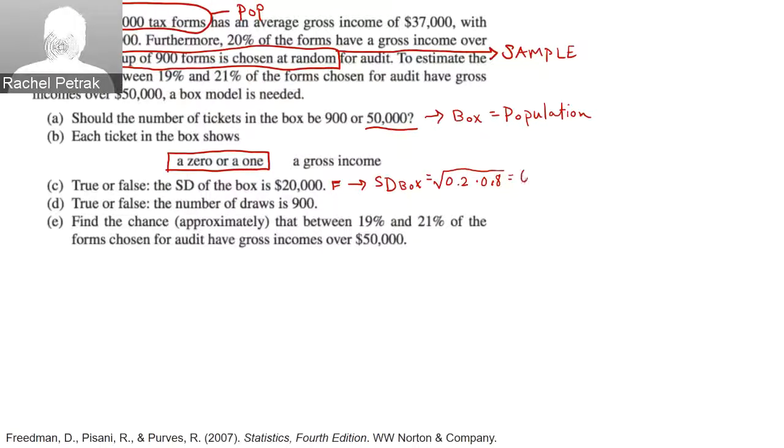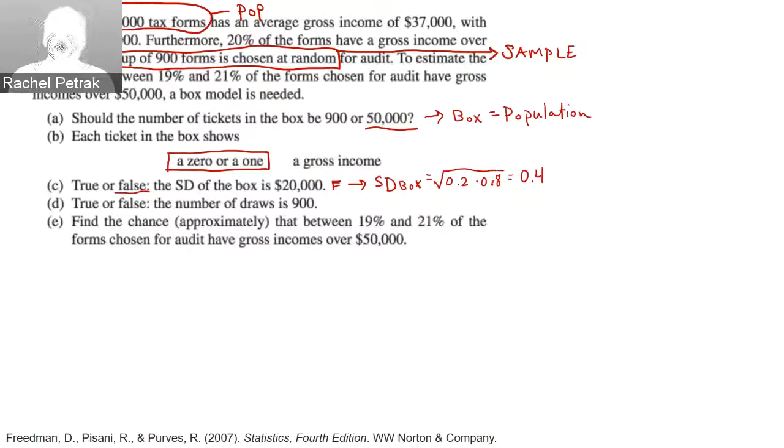Thus, it's 0.4. How did we know that? Because remember, 20% of the forms have a gross income over $50,000.